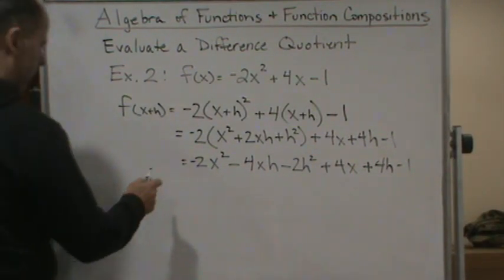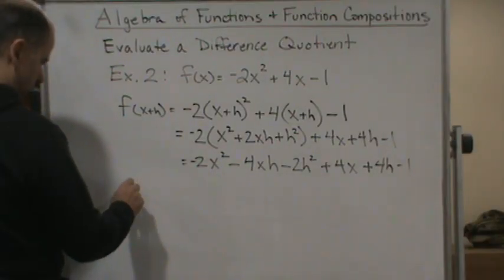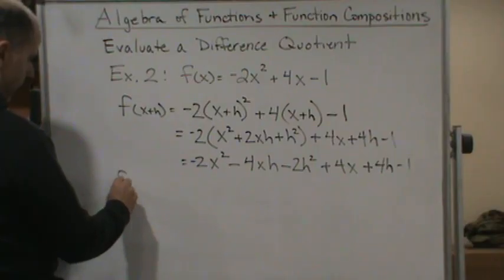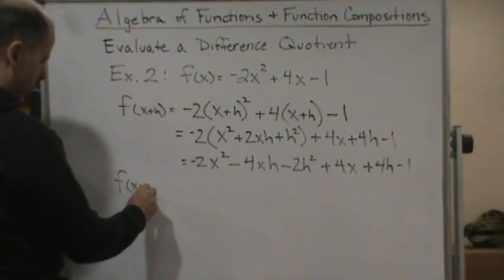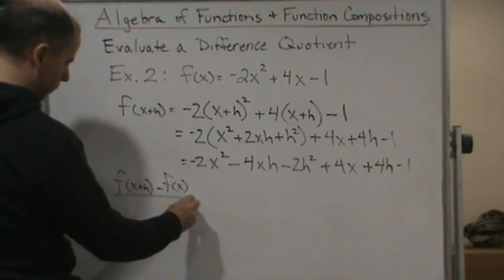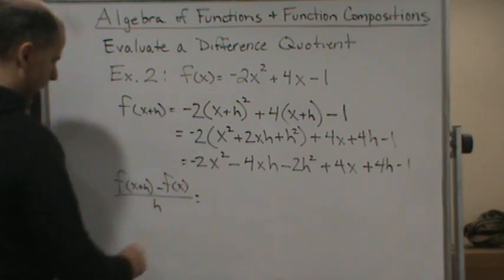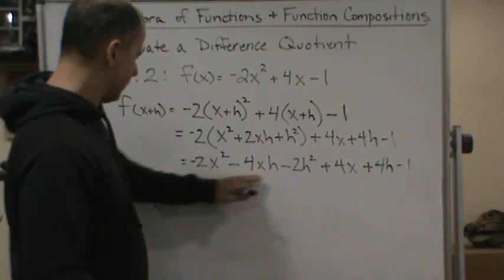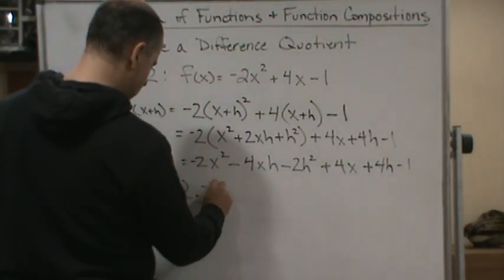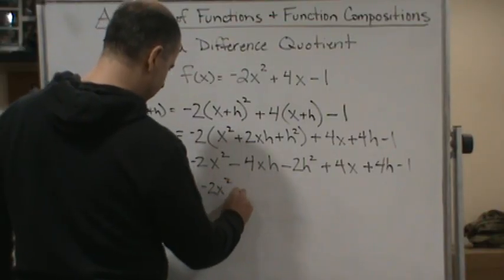Now I'm going to find the difference quotient. The difference quotient again is f of x plus h minus f of x, all over h. So this is f of x plus h, and I'm just going to write all that down.